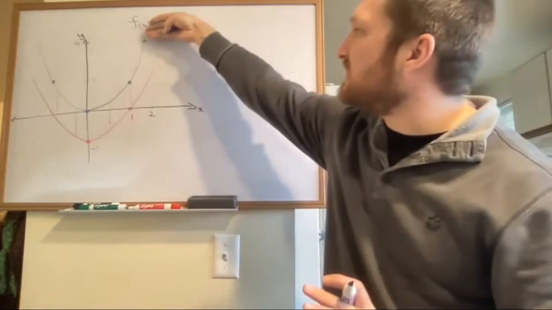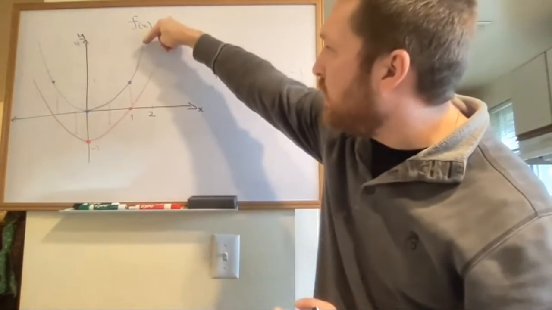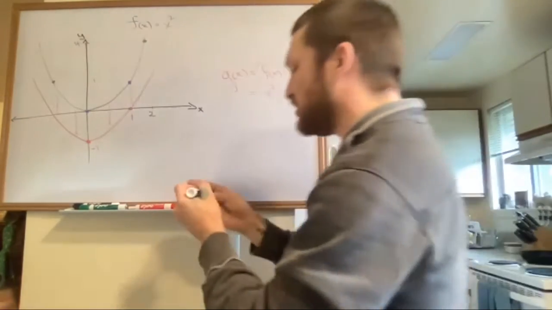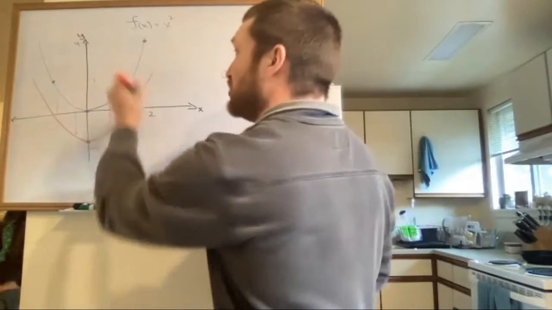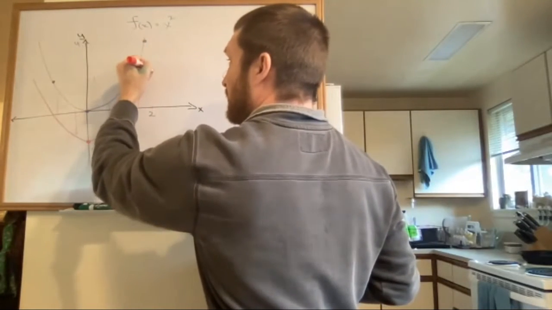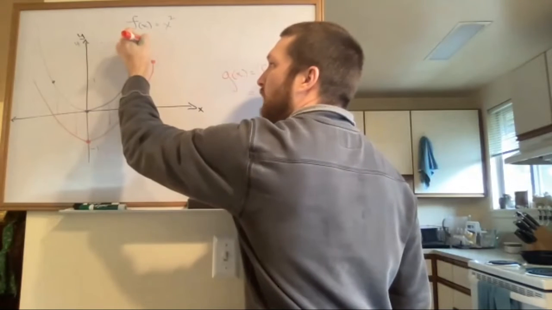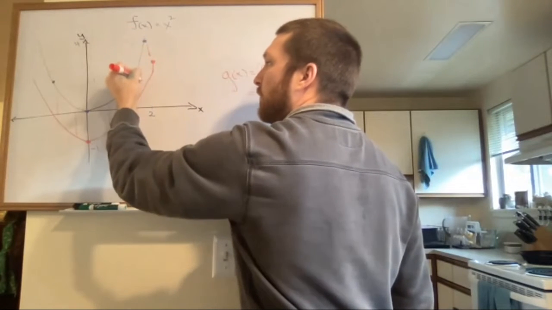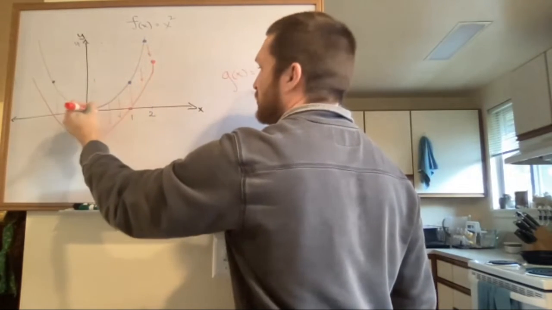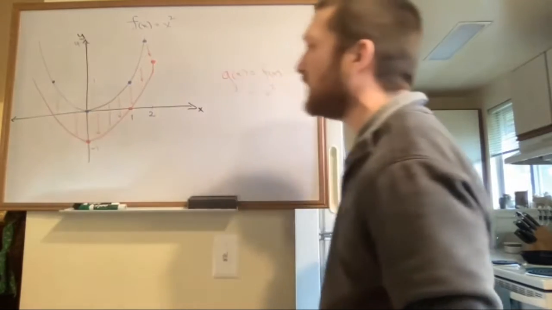So if this does work, then when I plug in a 2, it should just be shifted down 1 unit. It should be a 3. Why? Because every single point on this curve should just be dropped down by 1 unit.